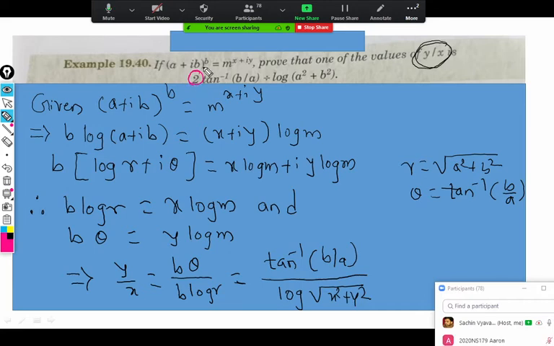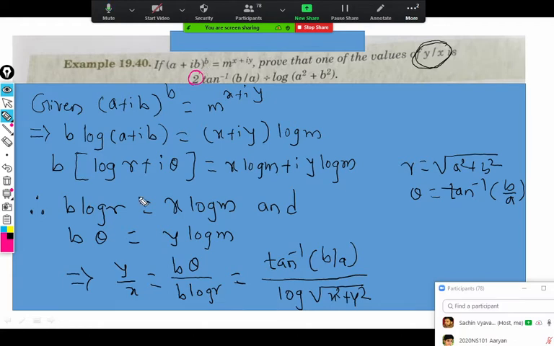Sir, log will give a half. Yes, sir. Correct. Log will give a half. Just a minute. Yes, correct. Log of r is there.